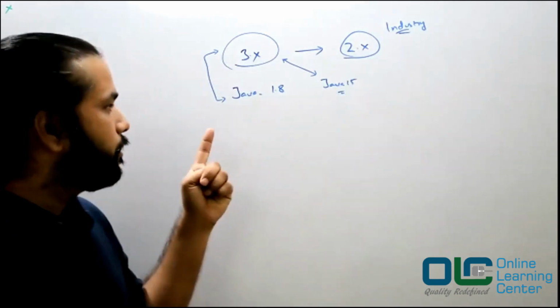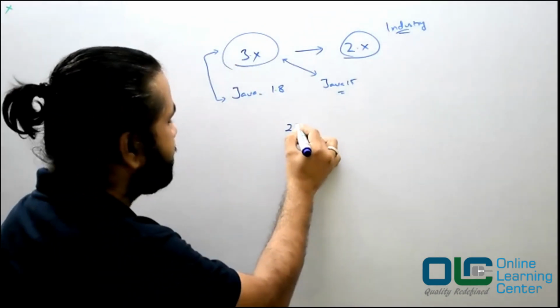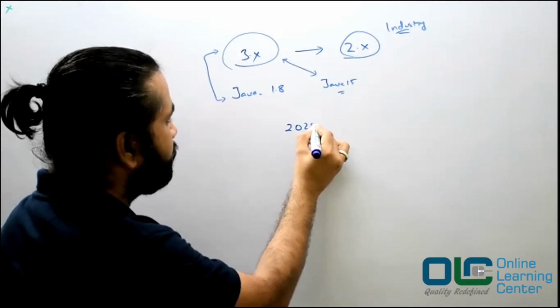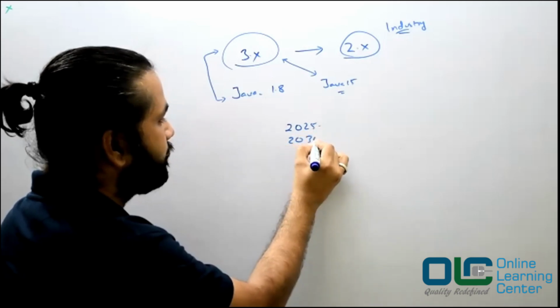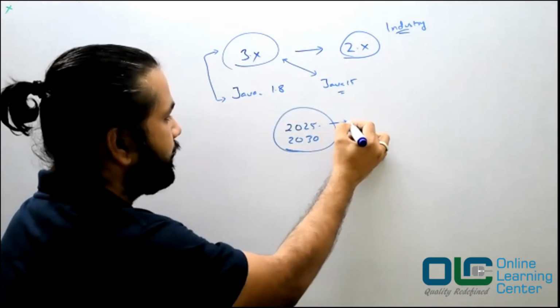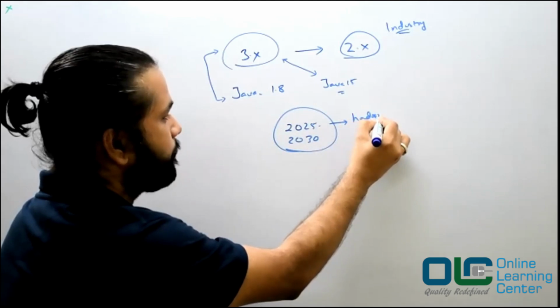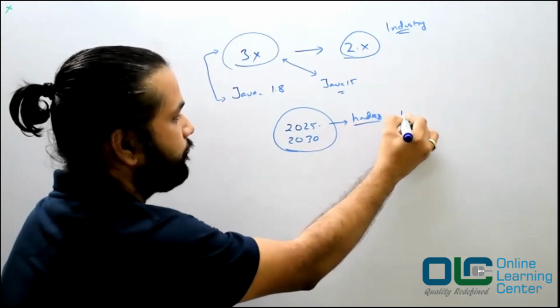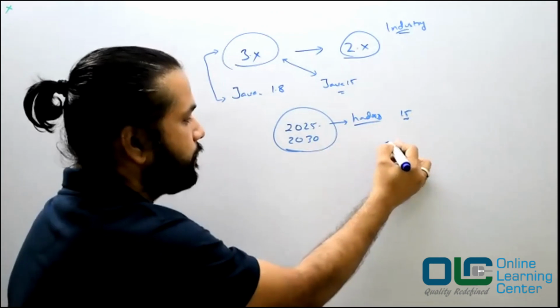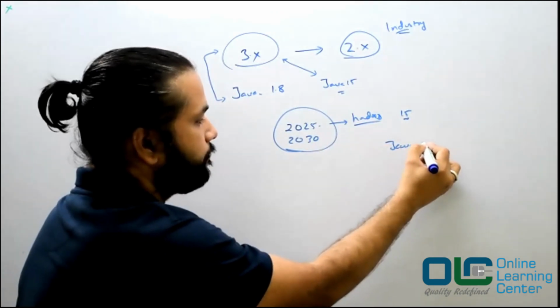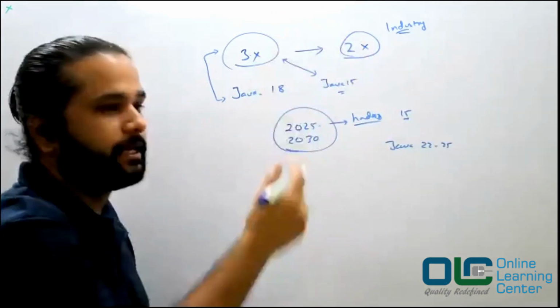Okay, now maybe in 2025 or maybe 2030, okay, that time maybe Hadoop may become compatible with Java 15, and that time Java version might be 22 or 25, something like that.